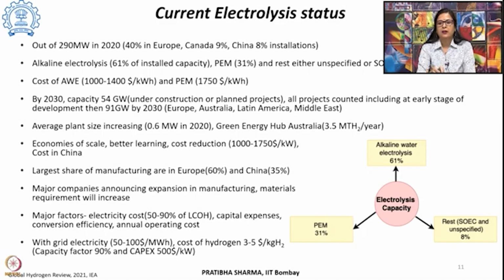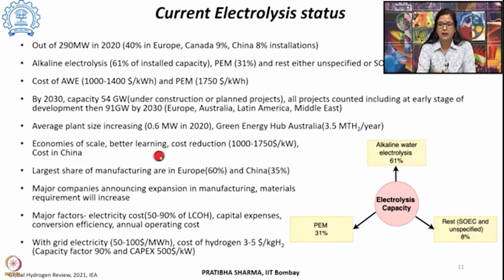Like a plant in Australia under the green energy hub, it has 50 gigawatts of solar PV and wind installation that will be used for hydrogen production, and that will have a capability of producing 3.5 million tons of hydrogen per year. So, what is expected is that there will be economies of scale as the deployment will increase.